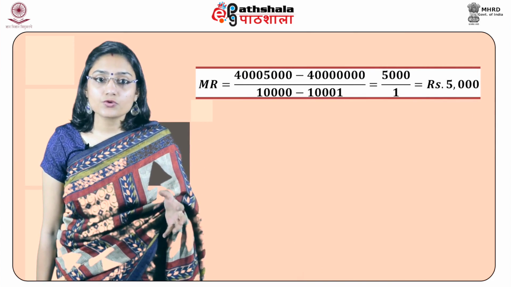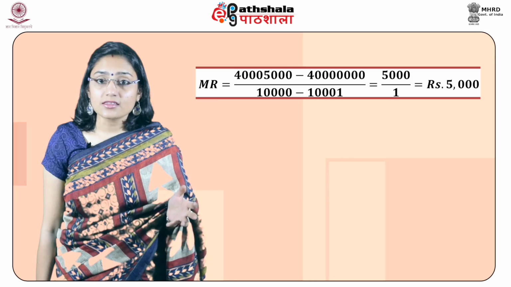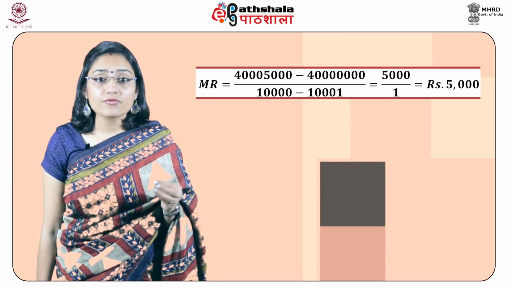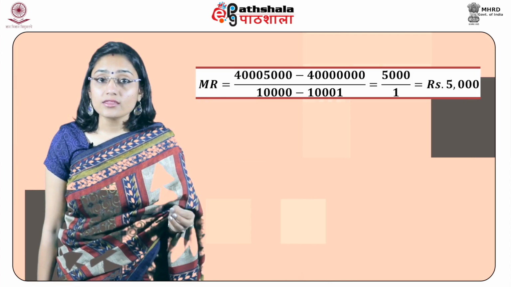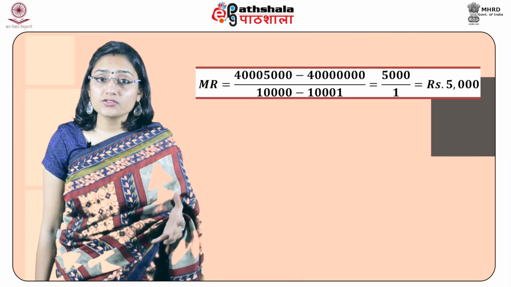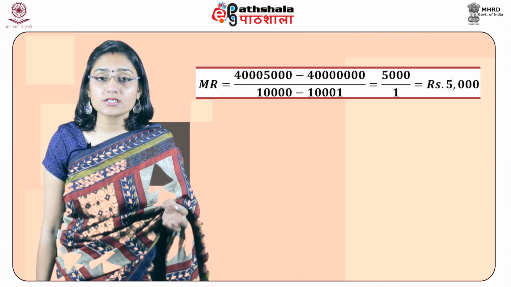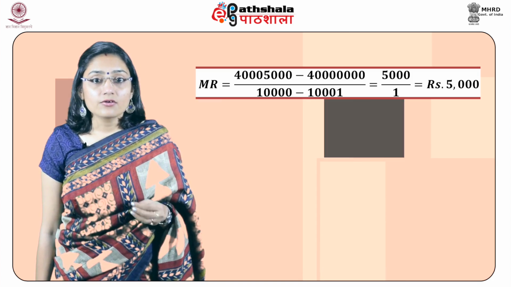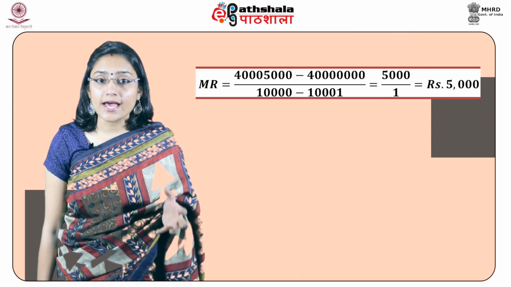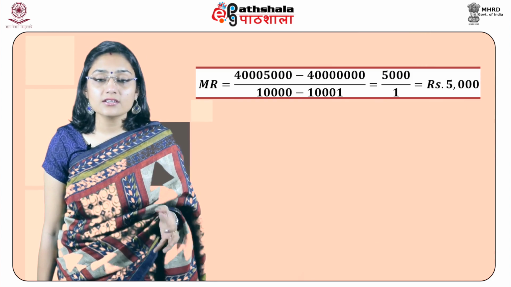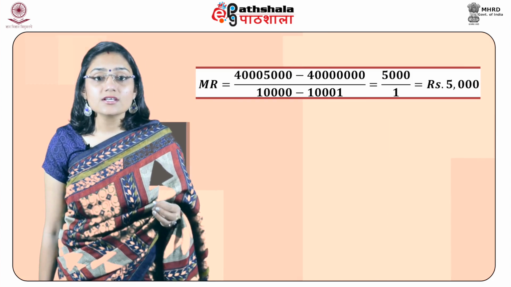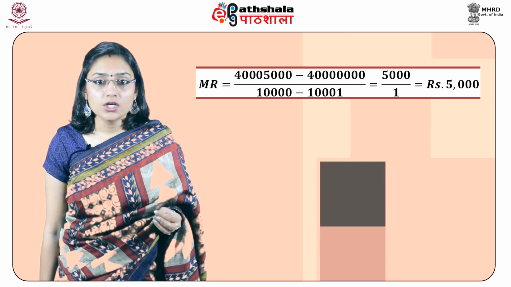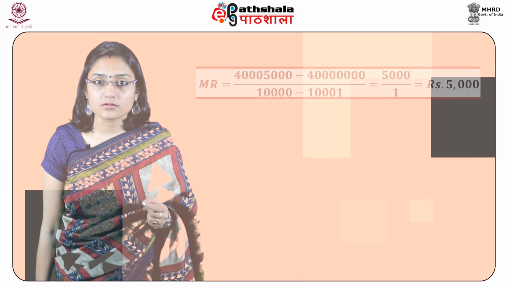Its total revenue is Rs 4 lakh when it sells 10,000 units and 4 lakh 5,000 when it sells 10,001 units. The marginal revenue of the firm is MR is equal to 4 lakh 5,000 minus 4 lakh divided by 10,001 minus 10,000, which gives us 5,000 divided by 1, which is equal to Rs 5,000.